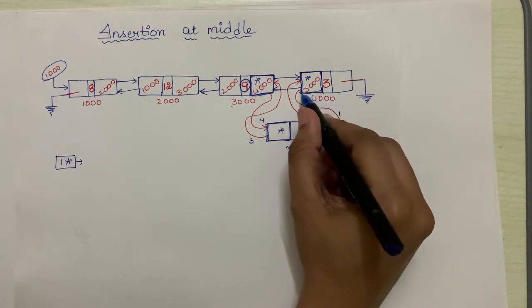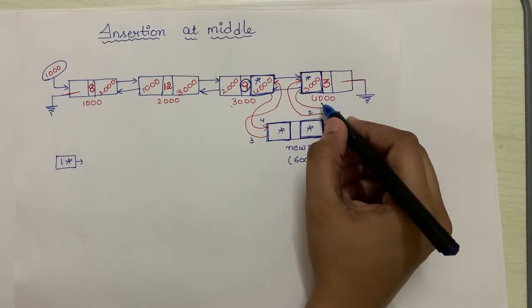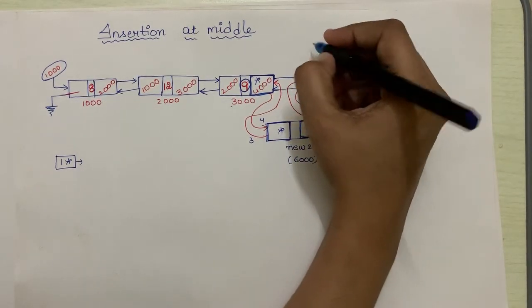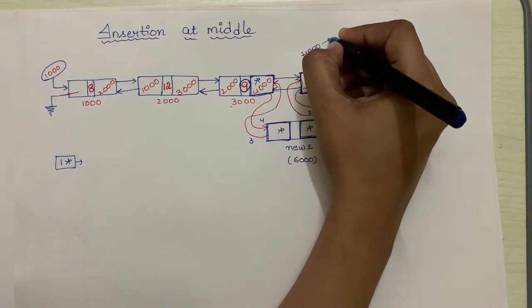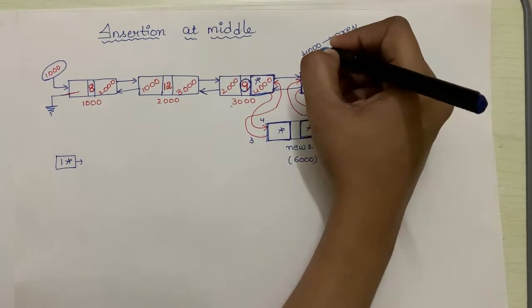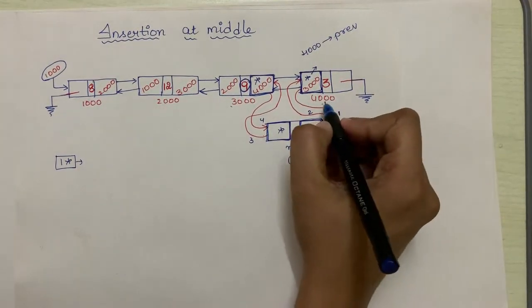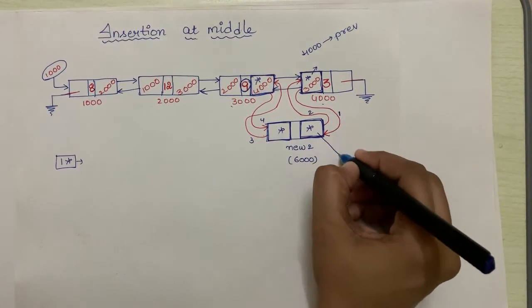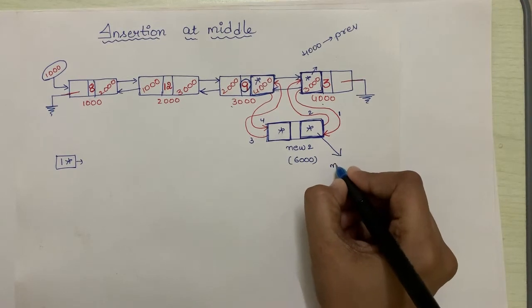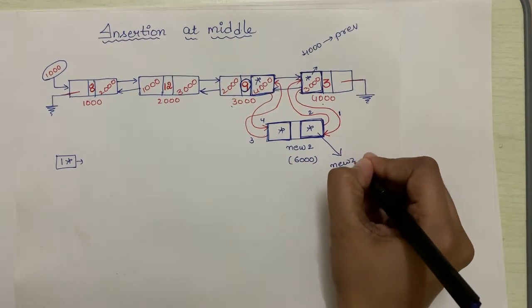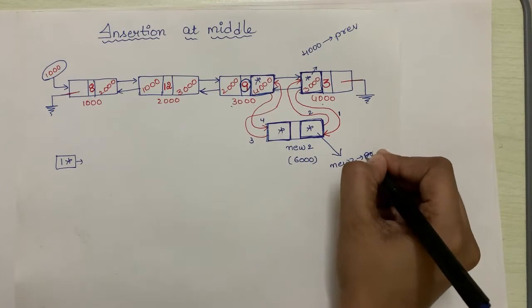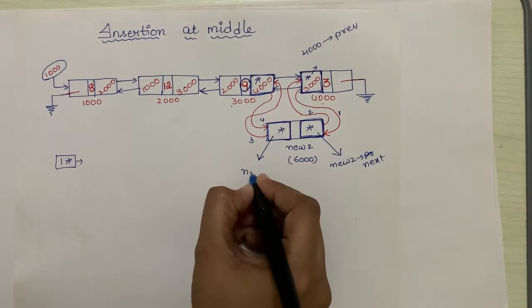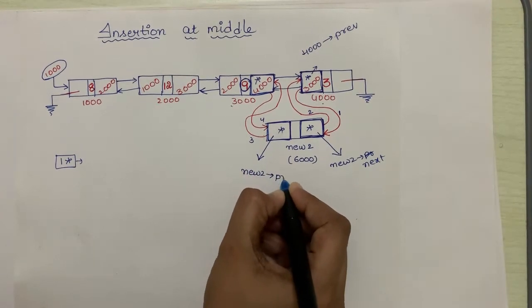Okay. What is the name of this field? 4000 previous. Name of this field is 4000 previous. But 4000 is our assumption. So we should know the name of this 4000. And what is this name? What is the field name? New to previous, new to next. And name of this field is new to previous.